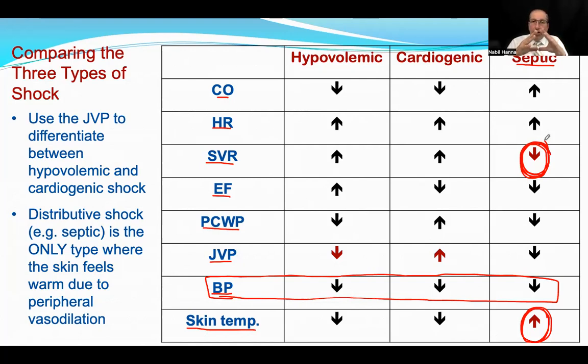Okay, hypovolemic and cardiogenic. It's not uncommon to face this scenario. An elderly patient comes to the ER referred from a skilled nursing facility with shock, very low blood pressure, oliguria. Obviously, he is in a state of shock.